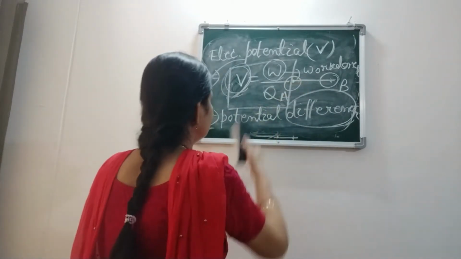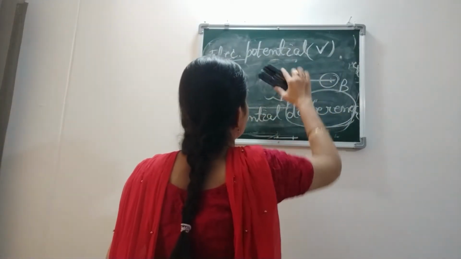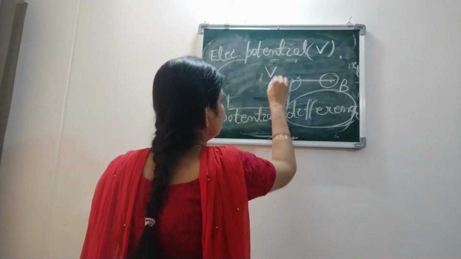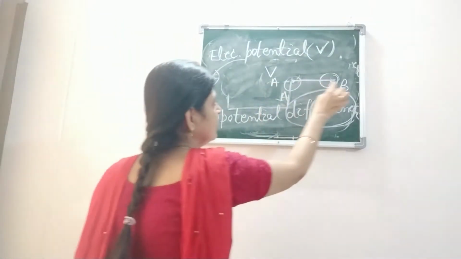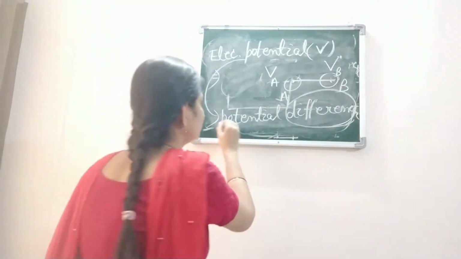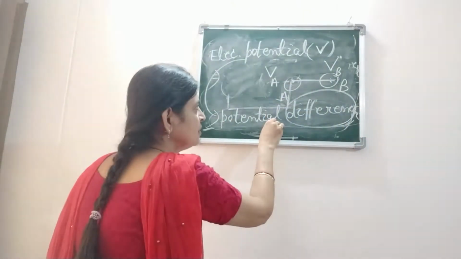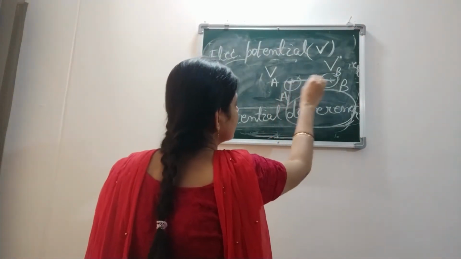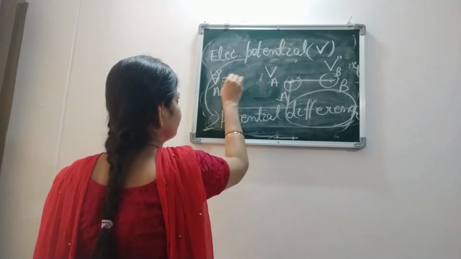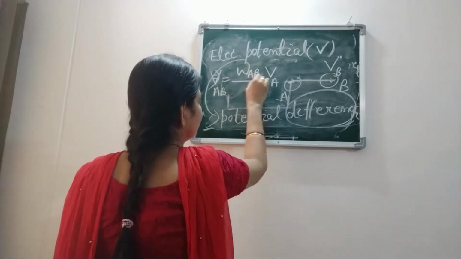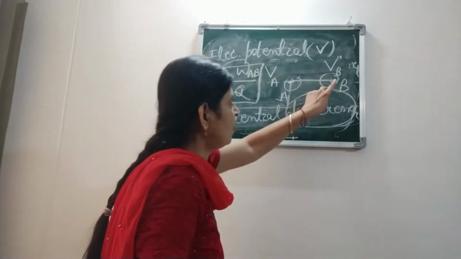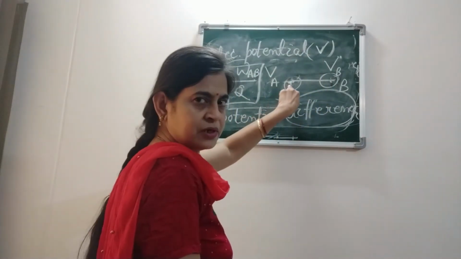The potential at A is denoted by V subscript A, and the potential at B is V subscript B. So potential difference means the amount of work done to bring a unit charge from one point to another point.